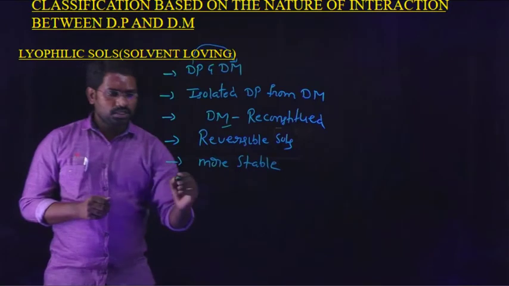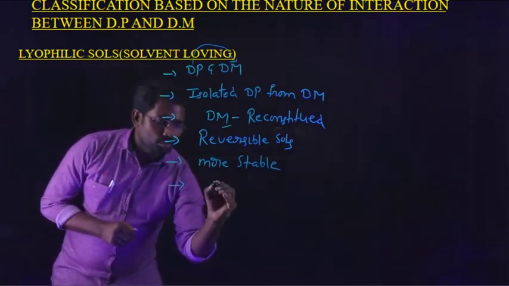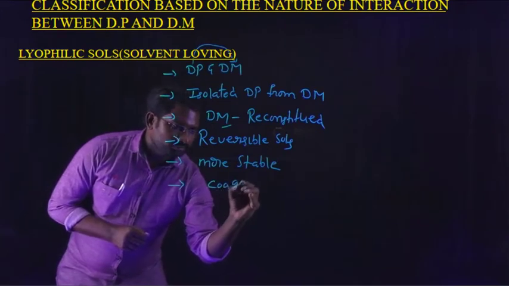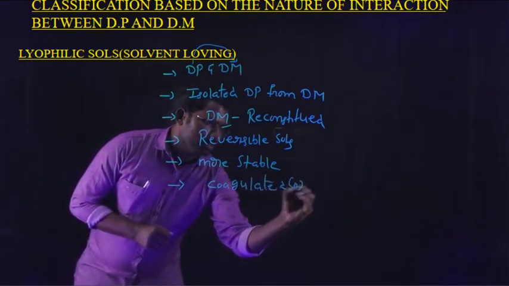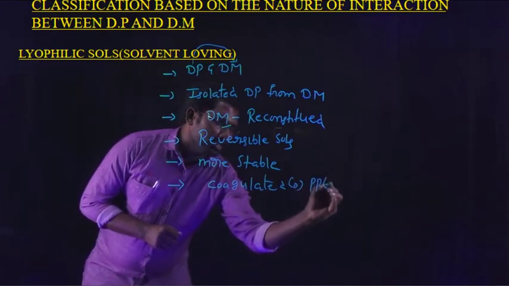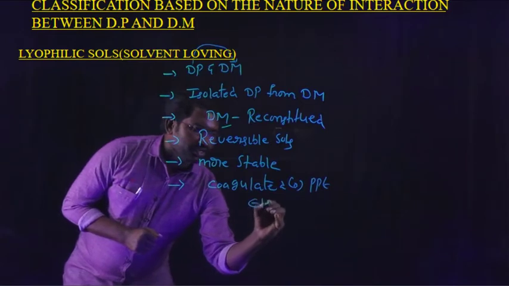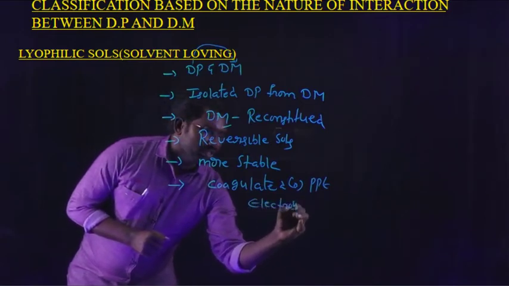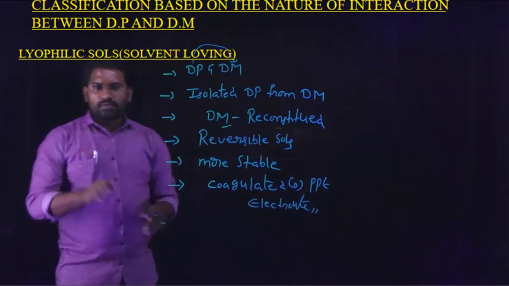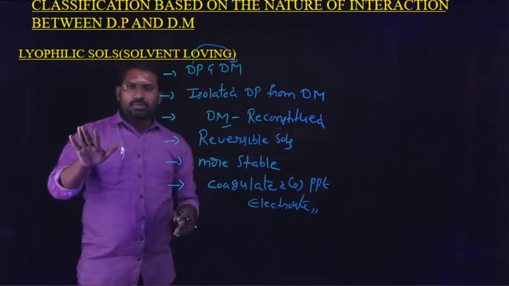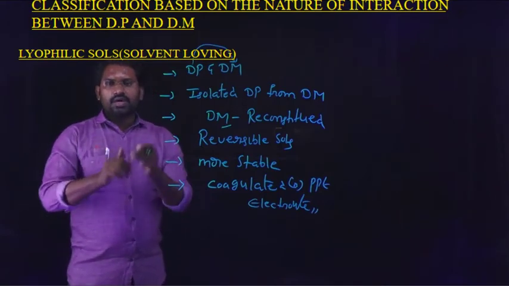And next, this type of lyophilic sols cannot be coagulated or precipitated with the addition of any electrolyte. For example, suppose the given colloidal solution is unstable or least stable. When we add electrolyte, coagulation takes place.